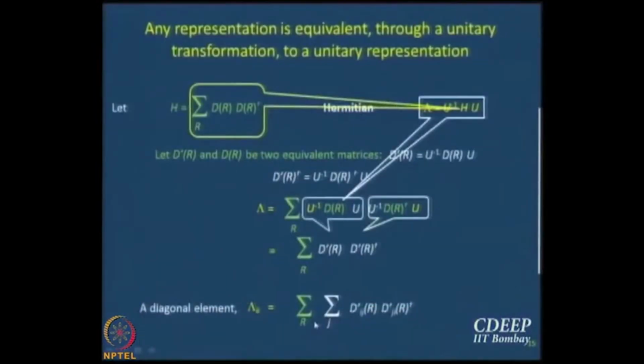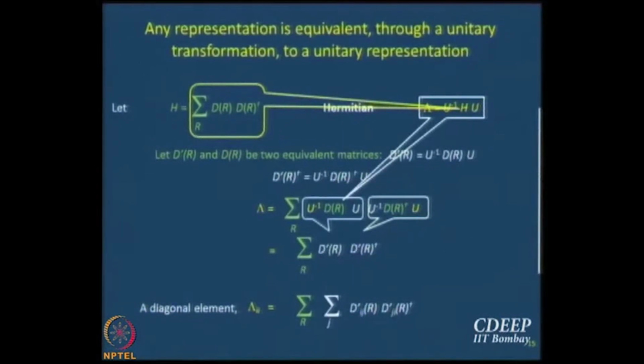You remember lambda is a diagonal matrix, right? This is what the diagonal element is going to be. Lambda jj will be once again sum over r, sum over j, d ij prime r multiplied by d ji prime r dagger. Is that correct?